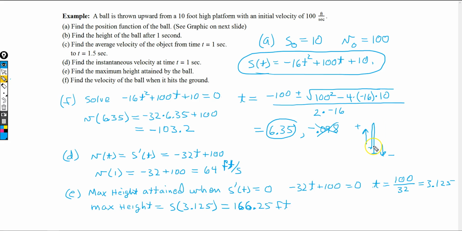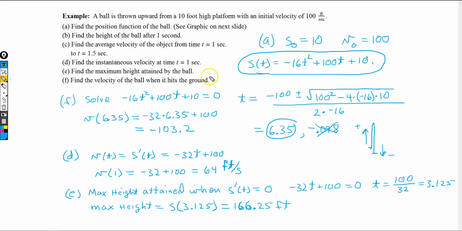If it were to come back down and land on your platform, then it would have a velocity of negative 100. But it continues a little bit further, and so it picks up a little bit more velocity, so that's why it's 103. So that makes sense. We're also ignoring air resistance here, keep in mind. There's no air resistance at all taken into account for this problem, which of course is a little unrealistic, but we're not worrying about that right now.